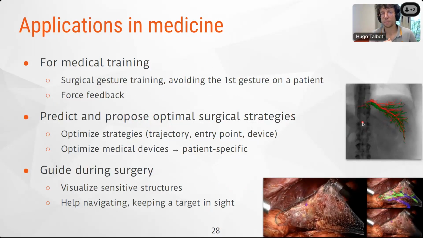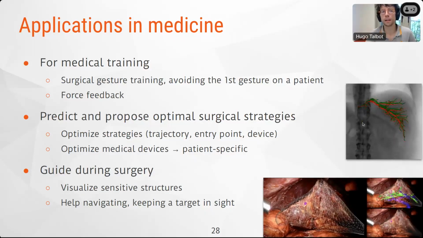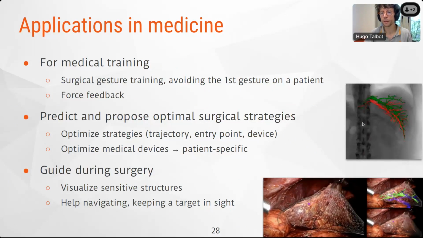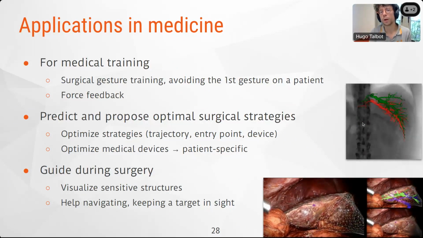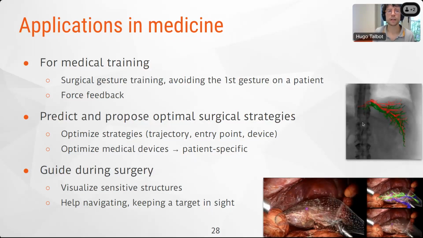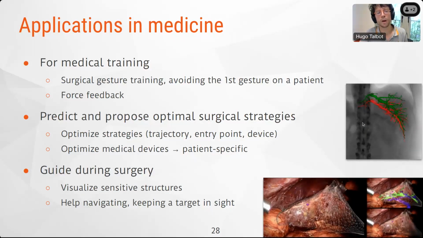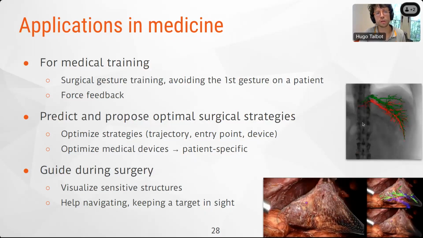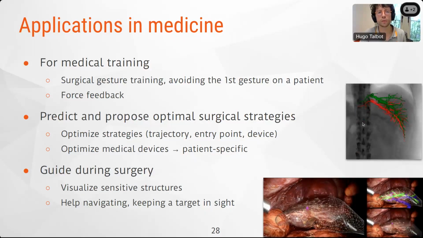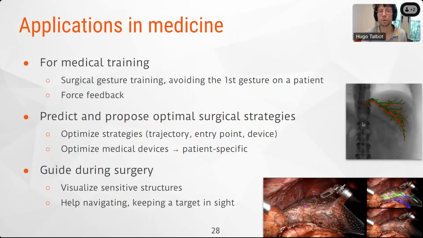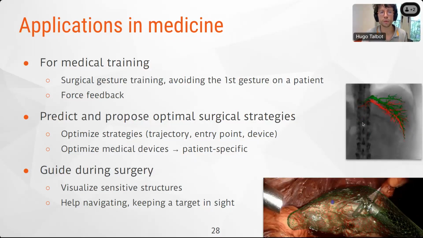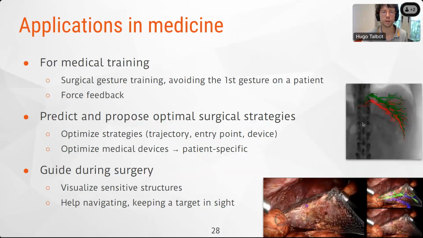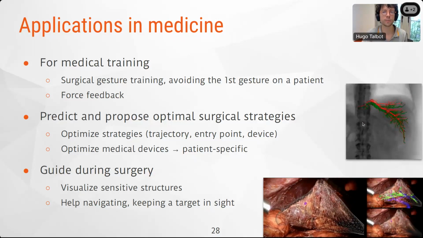As I mentioned before, we have two main application fields that we target with SOFA. The historical one is application in medicine, as I said in the introduction of the presentation. People use SOFA for medical training, where the simulation can be used as a tool for rehearsing and learning surgical gestures, obviously avoiding the first gesture on a patient.